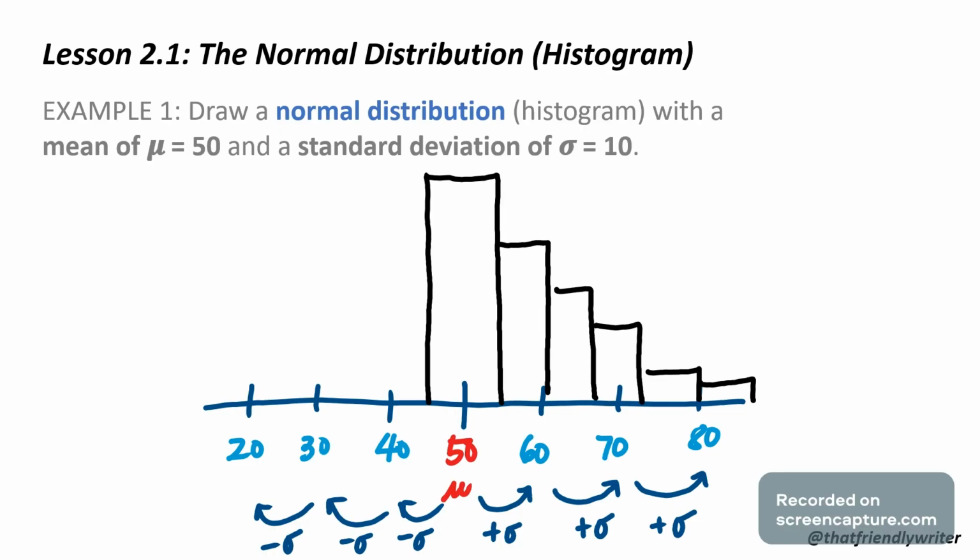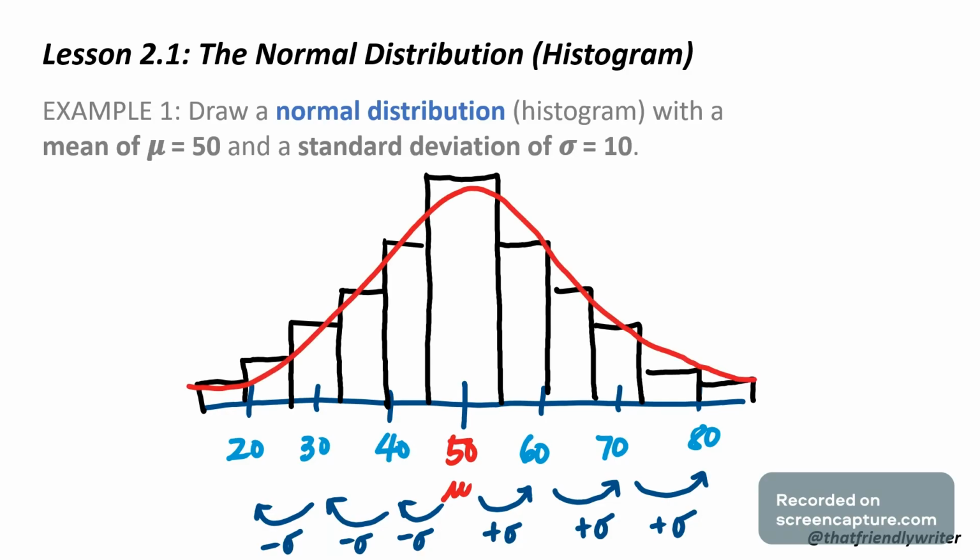And because the mean is also the median, what we draw on the right side must be reflected or drawn on the left side as well. So we have to carefully draw the appearance of the right side, copying it to the left side. And this is our normal distribution because it appears to be bell-shaped. The name of our normal distribution is x follows a normal distribution with mu 50 and sigma of 10.